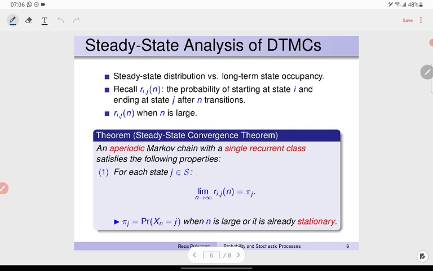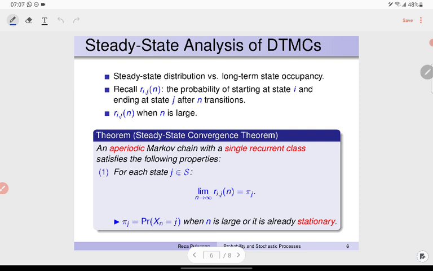And aperiodic, look at this. One of the conditions is that an aperiodic Markov chain with a single recurrent class satisfies the following properties. For the first one, for each state j, the limit of r_ij(n) as n approaches infinity must be equal to some exact probability.